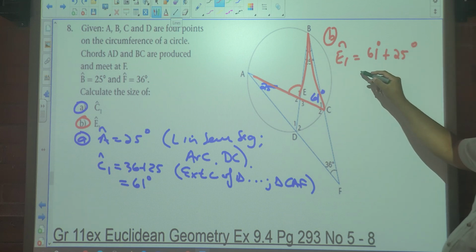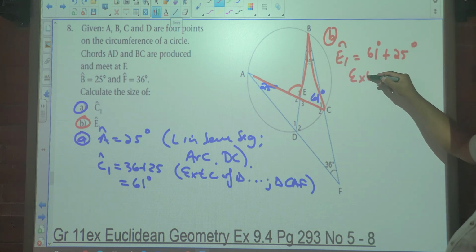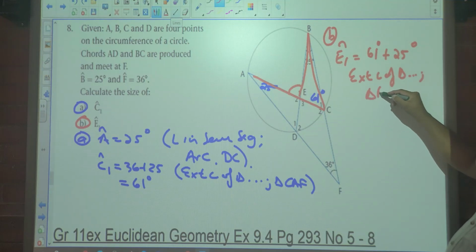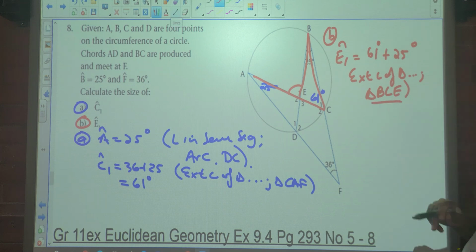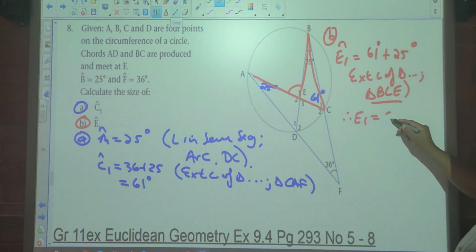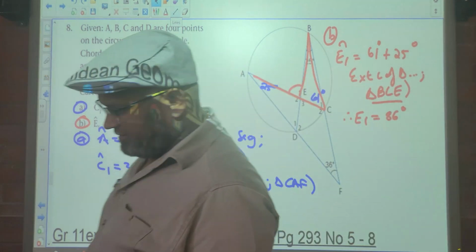Why? It's exterior angle of triangle, and it's triangle BCE. Again, you don't need that. Okay? So therefore, angle E1 works out to be 86. Okay?